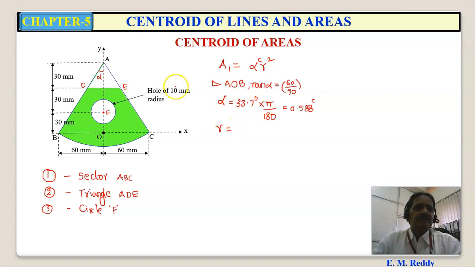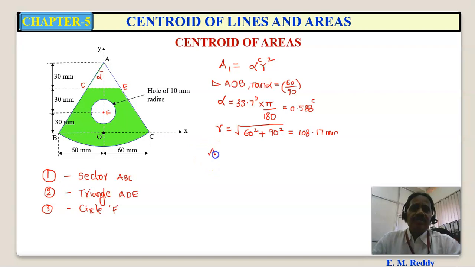Now R. What is R? Radius of this sector. That radius is nothing but either AB or AC. Now from the same right angle triangle AOB, using Pythagoras theorem, you can calculate AB, that is nothing but R, is equal to square root of 60 square plus 90 square. That is the radius of the sector. So this is 108.17 millimeters, right?